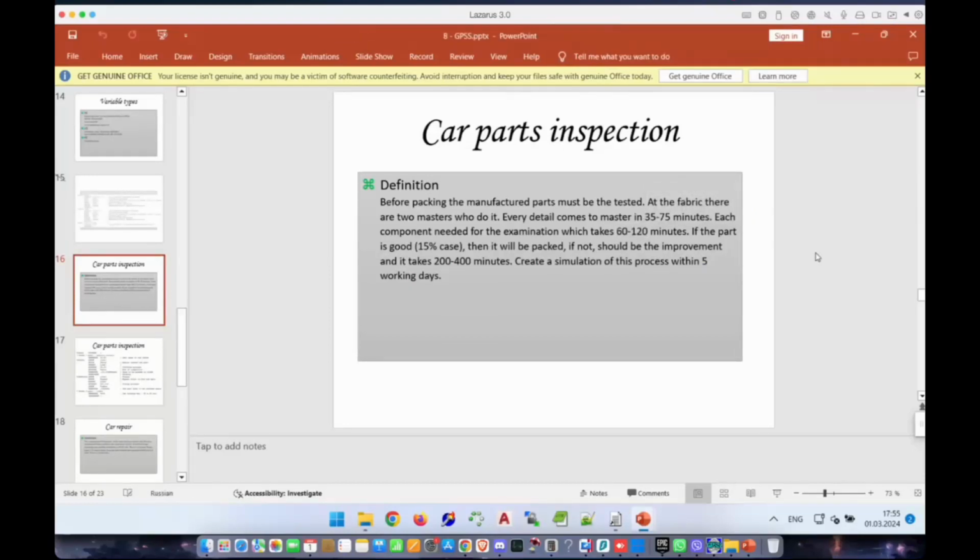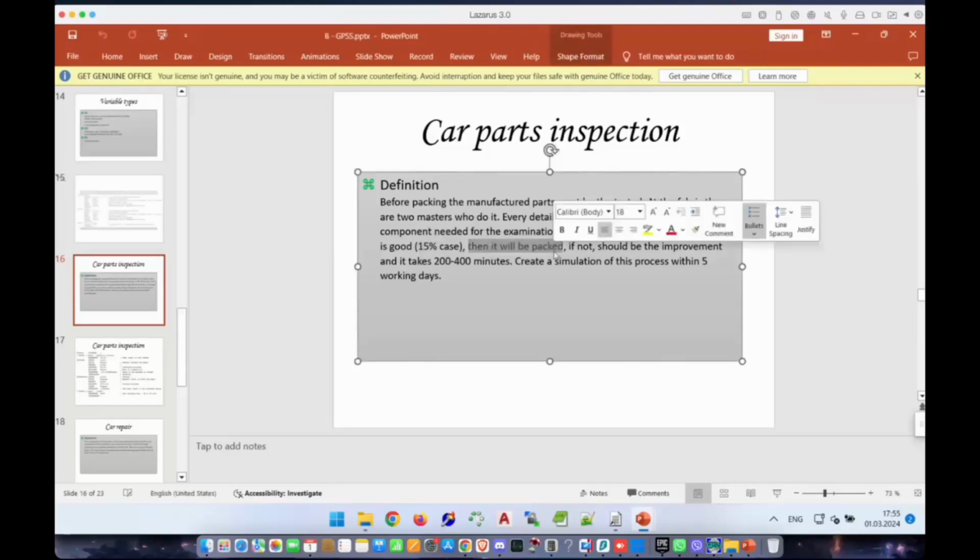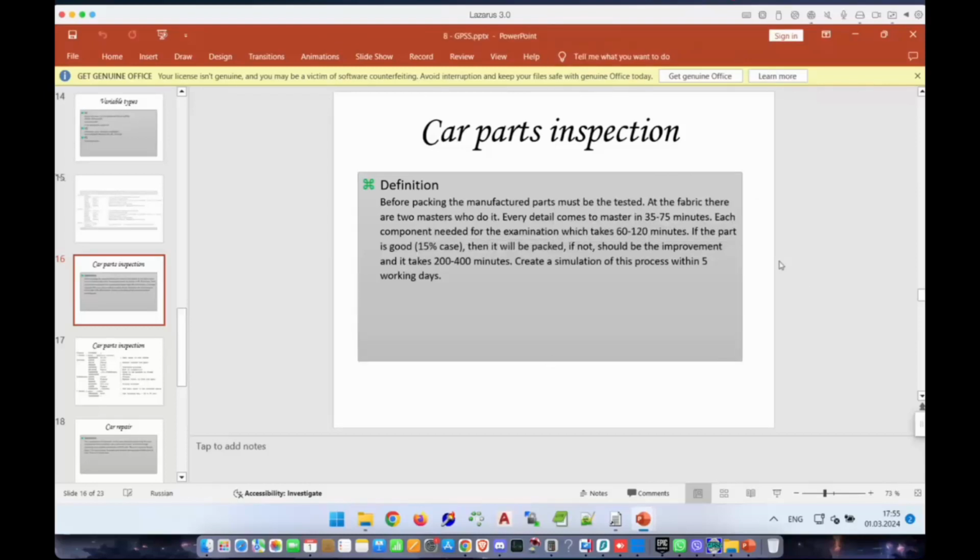If the spare part is good, and that happens with a 15% chance (not really cool, but let's assume we have this percentage), then the spare part is packed and sent to the customer. But in the rest 85% of cases, that spare part has to be fixed.